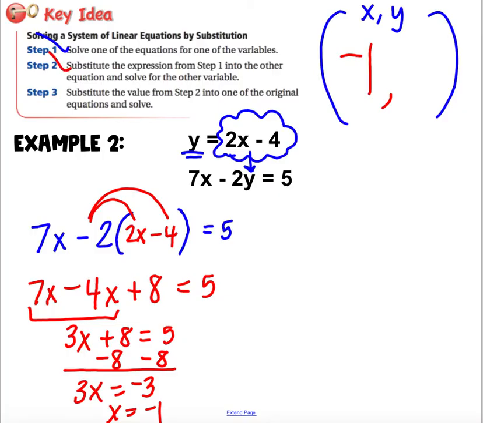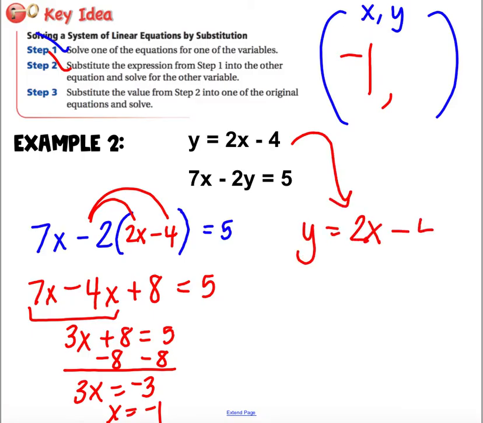Now, step 3. Substitute the value from step 2 into one of the original equations. You can pick either equation up top. Just make sure it's original, meaning from the problem. So we're going to go ahead and pick this one because it's nice and cute. Y is equal to 2x minus 4. But you can pick either one.